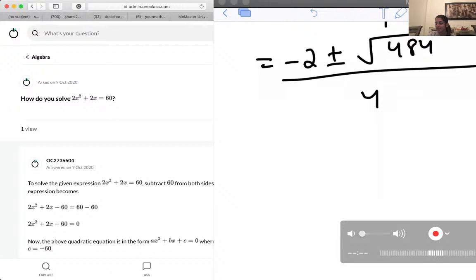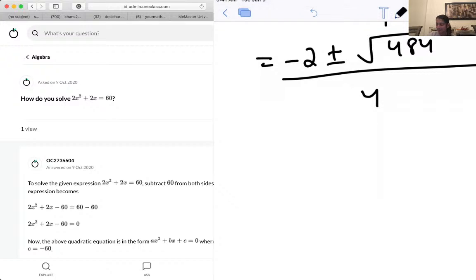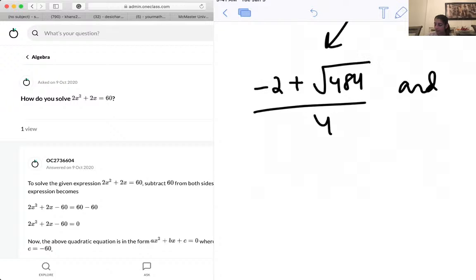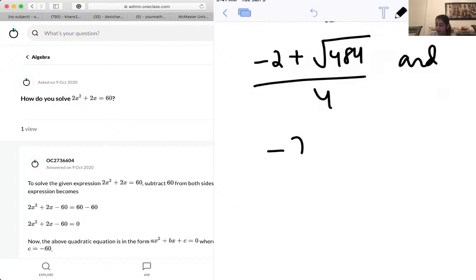This would lead to 2 values, so one would be negative 2 plus square root of 484 over 4, and negative 2 minus square root of 484 over 4.